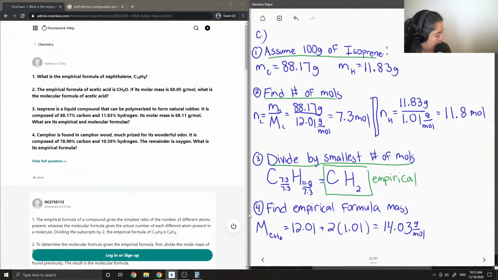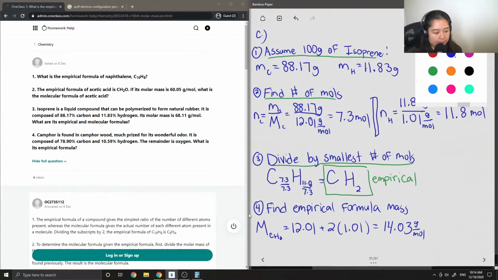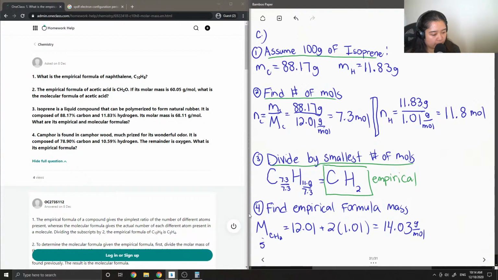Okay, so now let's look at its actual molar mass, which is 68.11. So now we just have to find the ratio. So 68.11 divided by 14.03. Again, we want to round to the nearest whole number, which is 5.